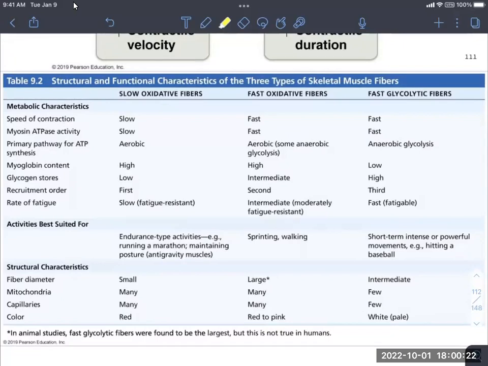Their pathway that they get their ATP from, their glycogen stores. Do they store any glycogen? What do they recruit? Their fatigue. Can they get fatigued fast or slow? Some examples: those slow oxidative fibers, you're running marathons, maintaining your posture.